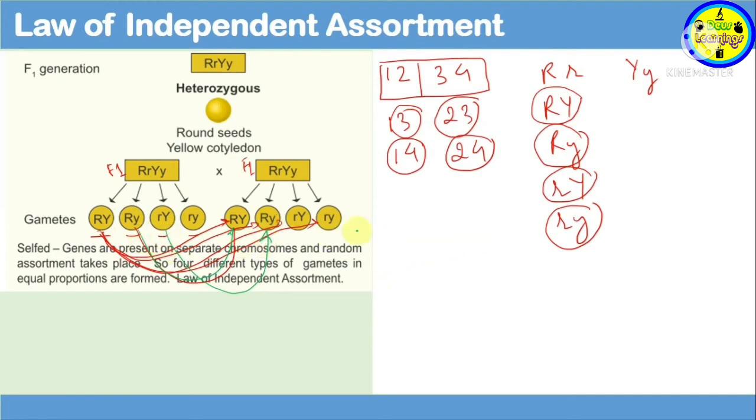Let's do it here, that will be easy. Let me write one more time here. So we have this, a 4 combination. Similarly, for parent 2, we make 4 combinations too.